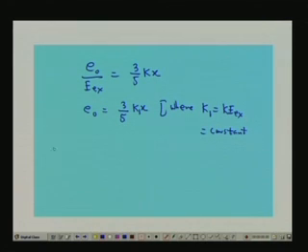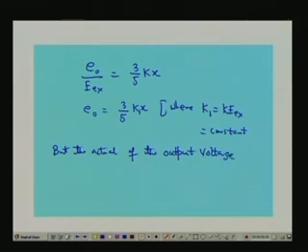But the actual value of the output voltage, if I take that one as E naught dash equal to K1 x, the very first equation, 1 plus 2 by 3.